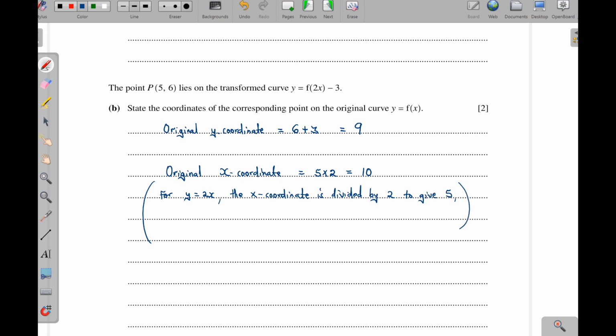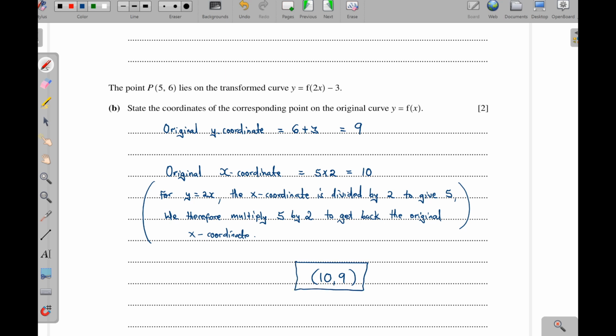You see that? So we therefore multiply 5 by 2 to get back the original x coordinate. As simple as that. Okay, so that means we are having 10, 9. This was the original point. Those are the coordinates of the original point on this curve.